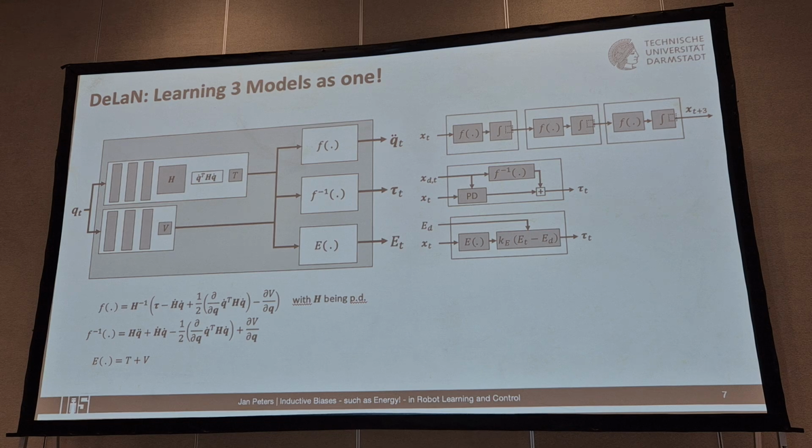And if you do so, you actually get all the kinds of output you would like to have. So you can get an inverse model if you want to do model-based control. You can get a forward model if you want to build a simulator, and you can get energy if you want an energy-based controller, for example.